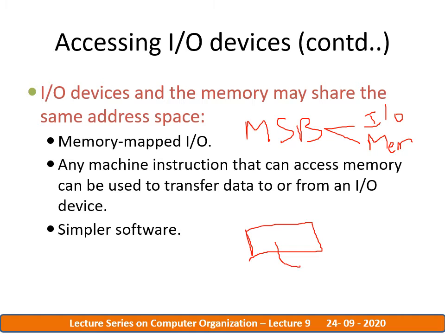The input output device has a buffer, which is nothing but data in and data out buffer registers. We have already seen in the first module the registers associated with input output devices and the control signals. The buffer registers are data in and data out. The control signals are S in and S out.